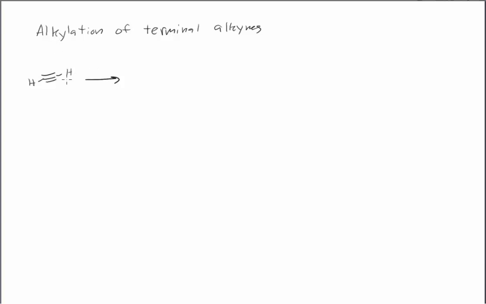The idea is that these hydrogens here have rather high acidity for a hydrogen attached to a carbon, so we can use NaNH2, which is the same as NH2 anion. This is a strong base, and the pKa here is 25.